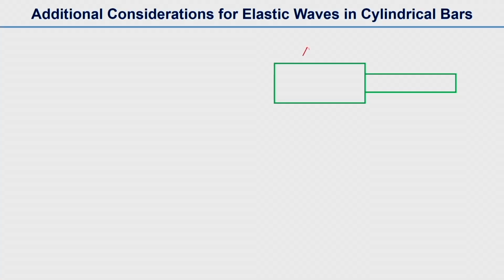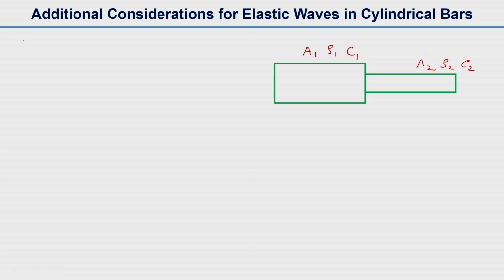Now we will discuss another aspect of it. What will happen when the cross section of the bar changes? Suppose the cross section of the bar here is A1 and here is A2, and if we assume the materials are also different, then the mass density will be rho 1 here and rho 2 there, and similarly the longitudinal wave velocity will be C1 here and C2 there.